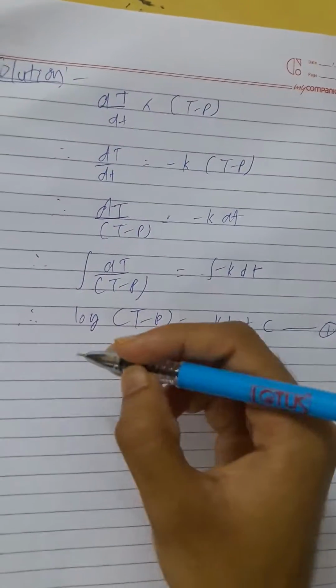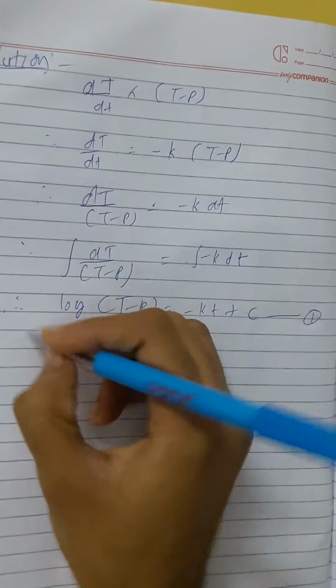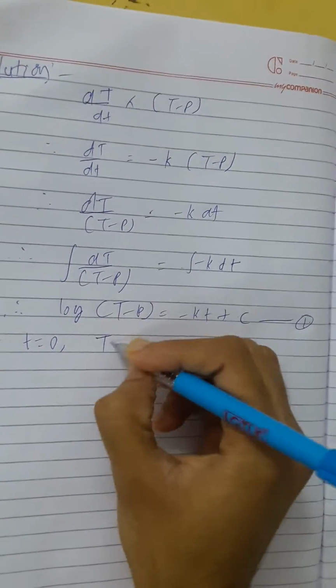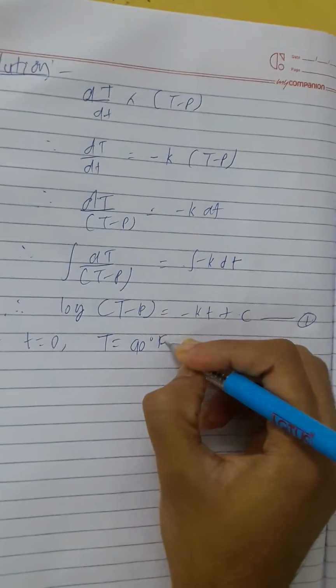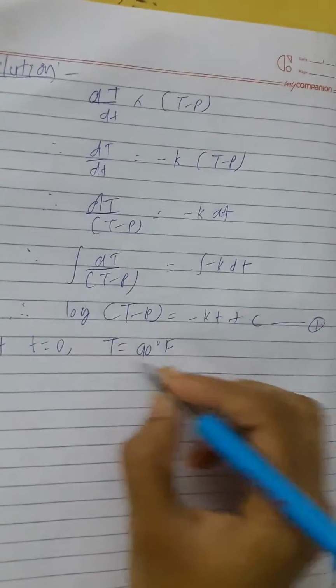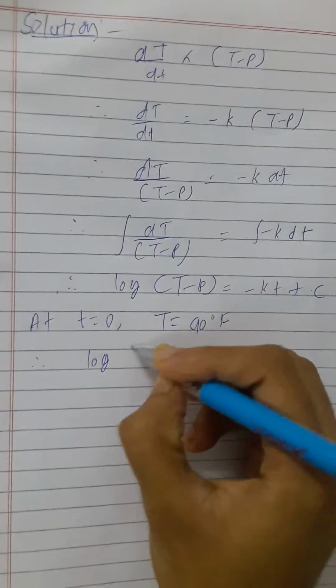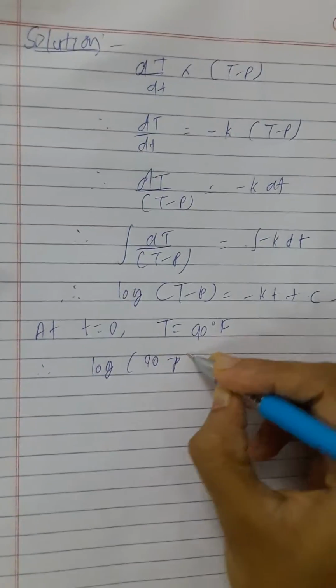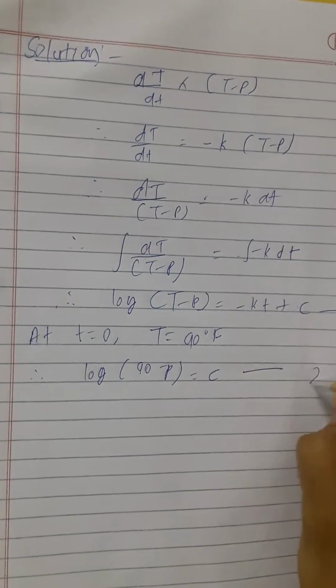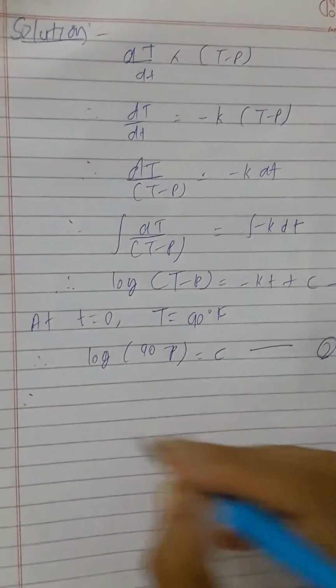Now, as stated in the question, at time t equals 0, the temperature of the object is 90 degrees Fahrenheit. Therefore, substituting these values in equation 1, we get log(90 minus P) equals C. Call this equation number 2.